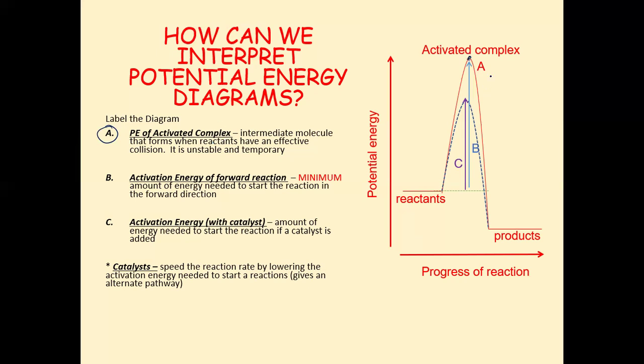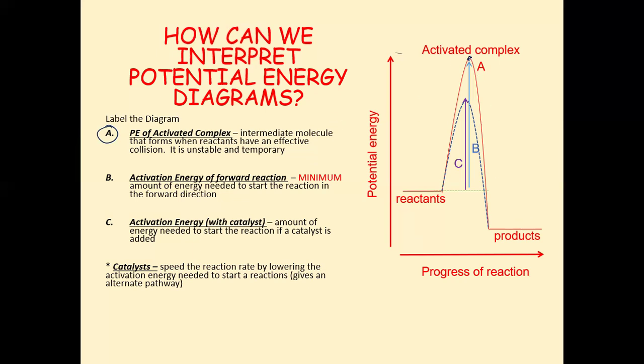You can just call it activated complex, or you can call it potential. Don't be confused or surprised when tomorrow they say it's potential, because this is potential energy. It is the maximum point of this graph over here.